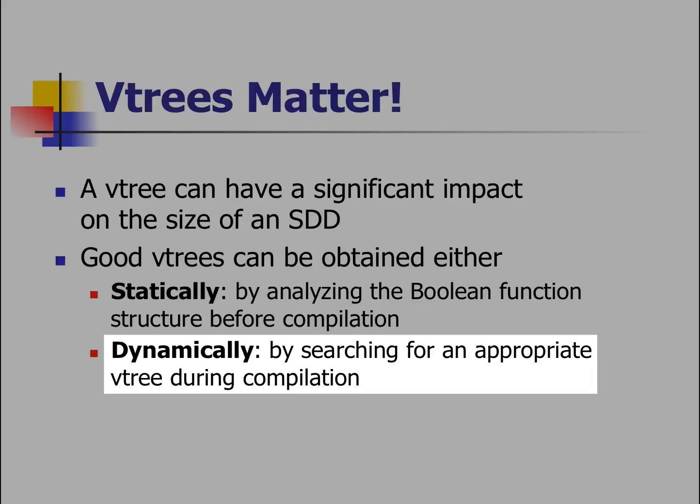This could happen multiple times, and there is this notion of a trigger which is used to decide when to stop the bottom-up compilation process and go and change the Vtree, and there are different triggers for doing that. One of the more common ones is to look at the size of the SDD, and if it doubles in size since the last change to the Vtree, then we try to change the Vtree again.